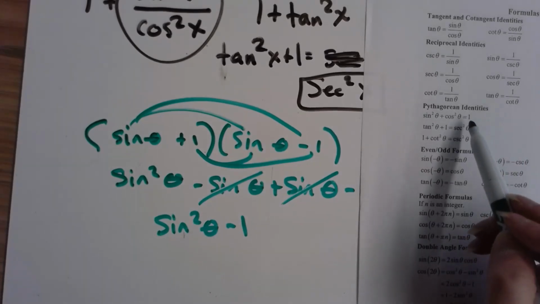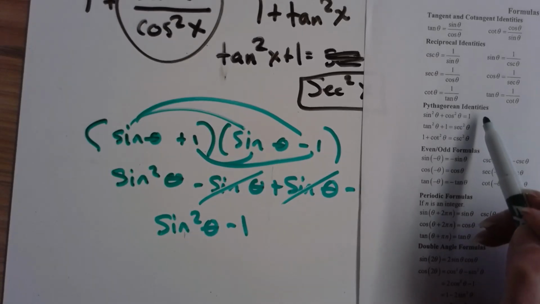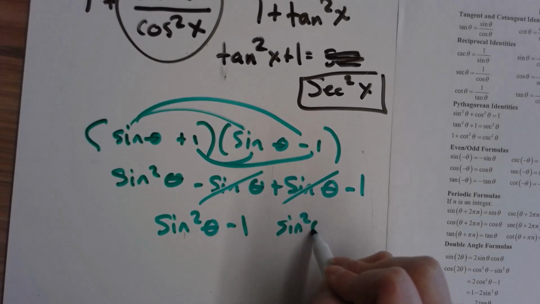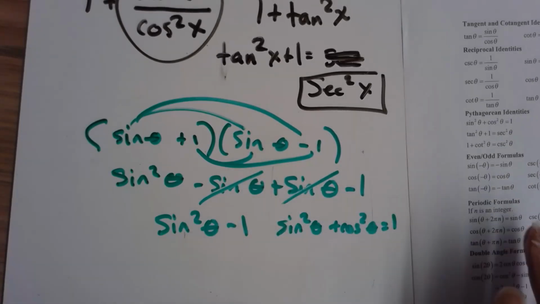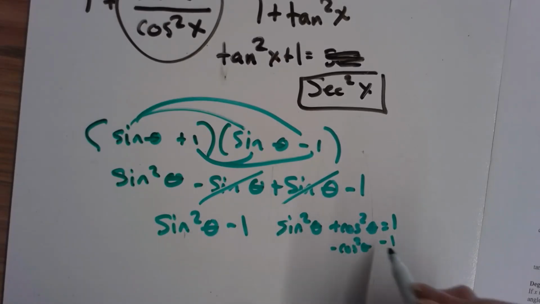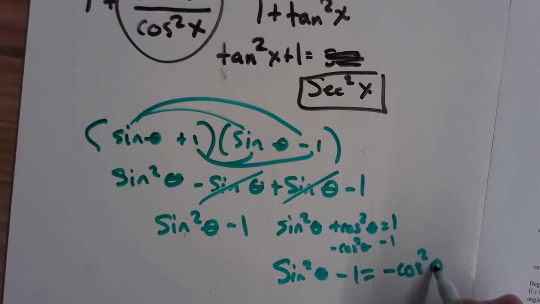Oh, what if I subtracted this 1 and moved the cosine over? So my identity reads sine squared theta plus cosine squared theta equals 1. Let's rearrange this. Let's minus the 1 and minus the cosine squared theta. So I have sine squared theta minus 1 equals negative cosine squared theta.